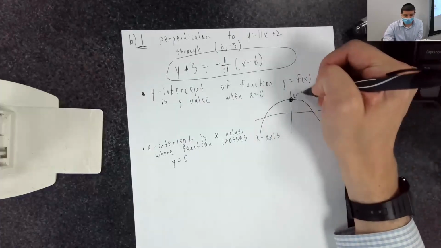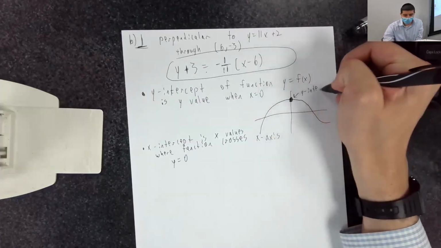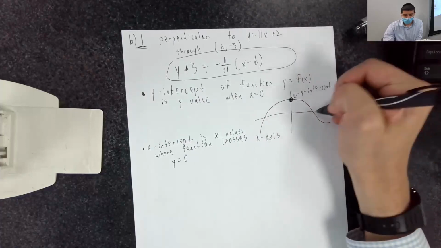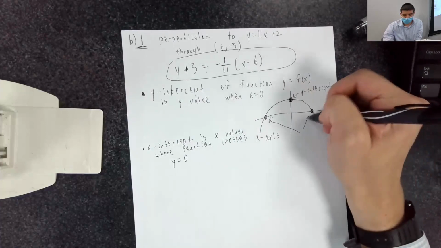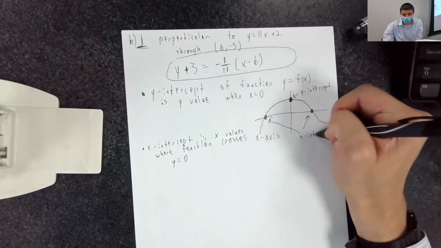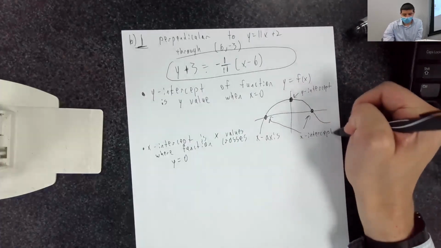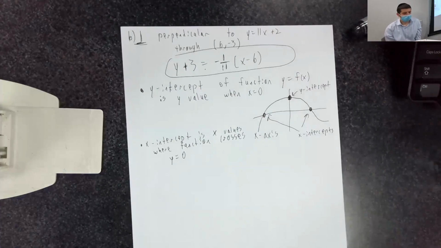So here is the y-intercept, and for the x-intercept, you could have multiple. That's what they're asking. So for the y-intercept, set the other variable to 0. For the x-intercept, you'll set the other variable, which is y, equal to 0.